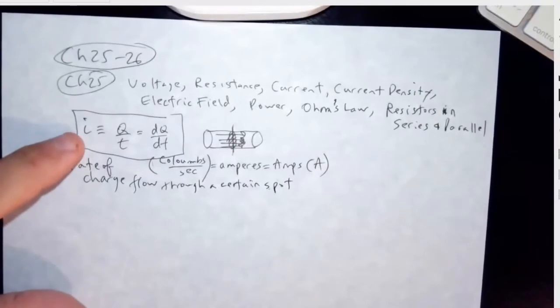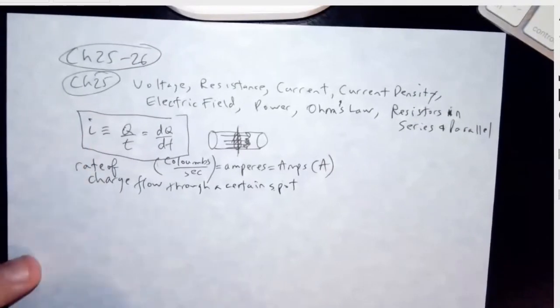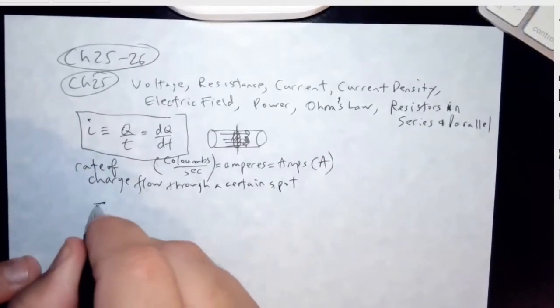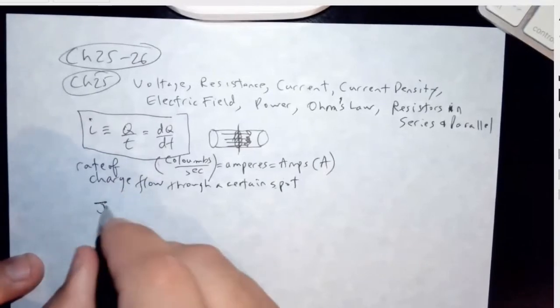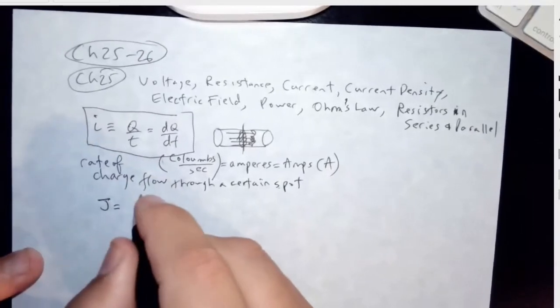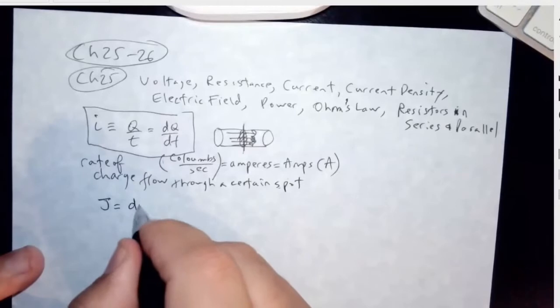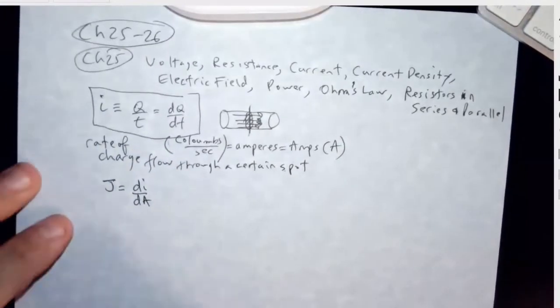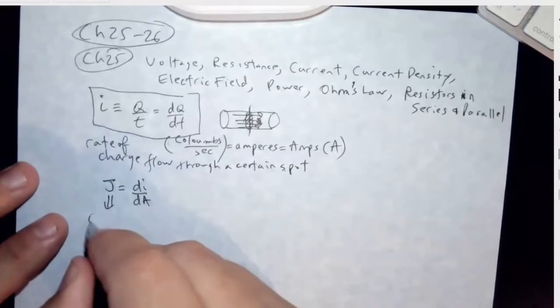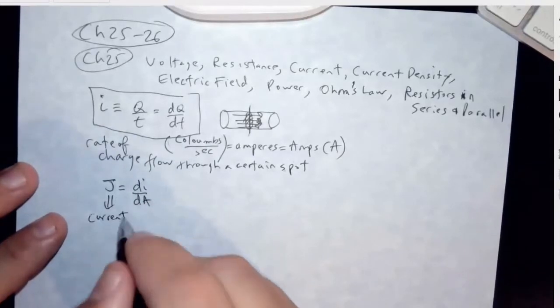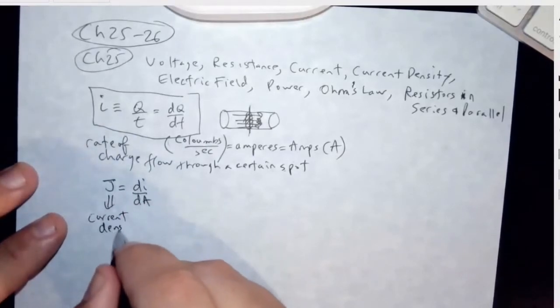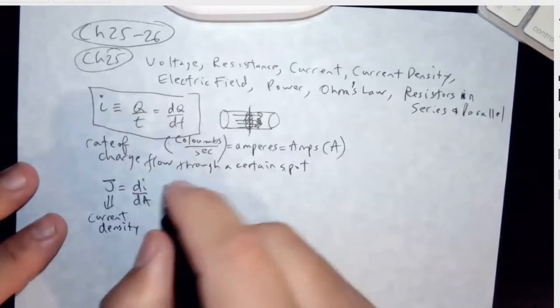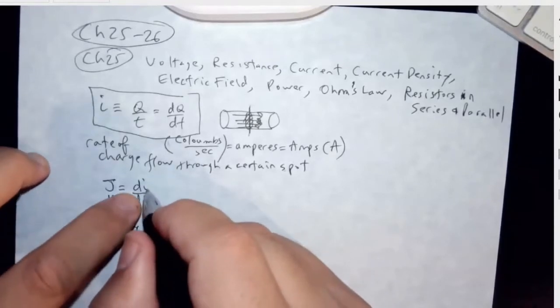Okay, then we can define current density, J. Current density is equal to the current per unit area. J is a current density, and it's the flow of current per unit area.